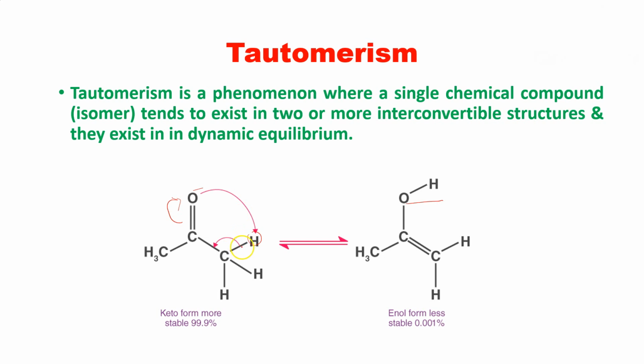While this hydrogen, when it is leaving, it liberates the electrons towards the carbon-carbon double bond, and it forms a new pi bond. Means one pi bond formation is there, and one sigma bond formation is there, and in a similar way one pi bond will break and one sigma bond will break.